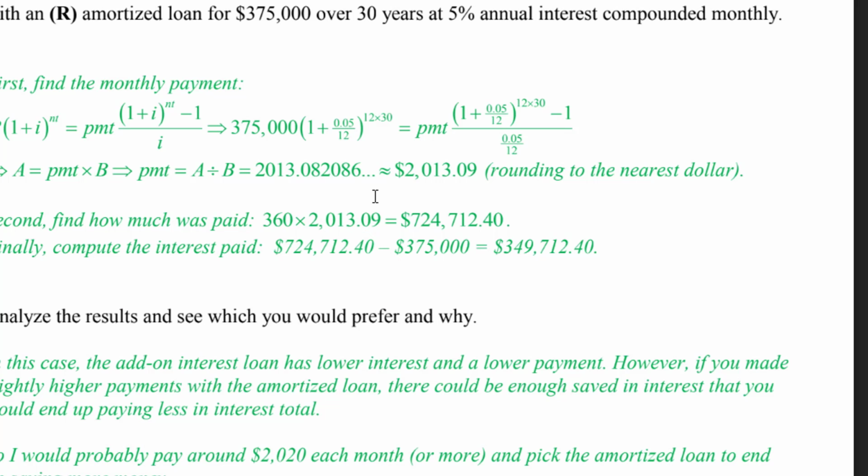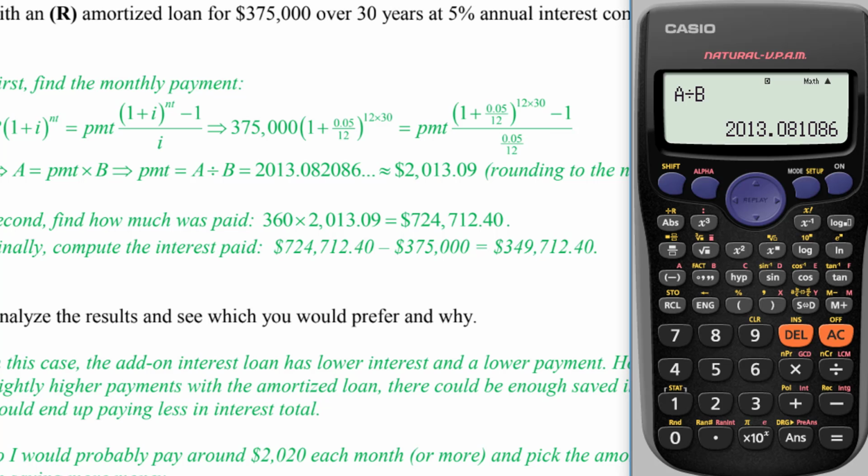So if you had a student loan, you would use this formula to find out how much your monthly payment would be. You could also use this to find out how much you paid over the life of the loan. So if we paid $2,013.09 and we made that payment 12 times a year for 30 years, here's how much money we paid. $724,000.